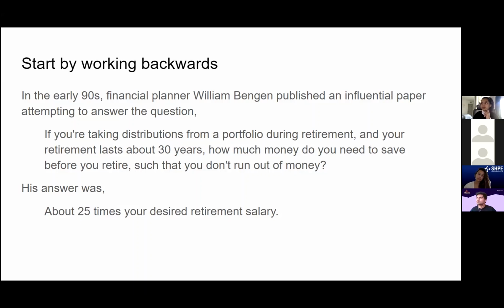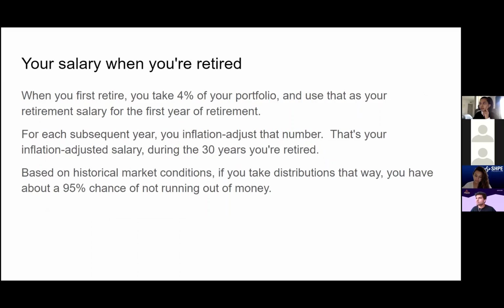He did an analysis of market history, and his conclusion was, if you save about 25 times your desired salary, you'll have a very strong guarantee that you won't run out of money. If you take the pile of money and divide by 25, that gives you 4%.